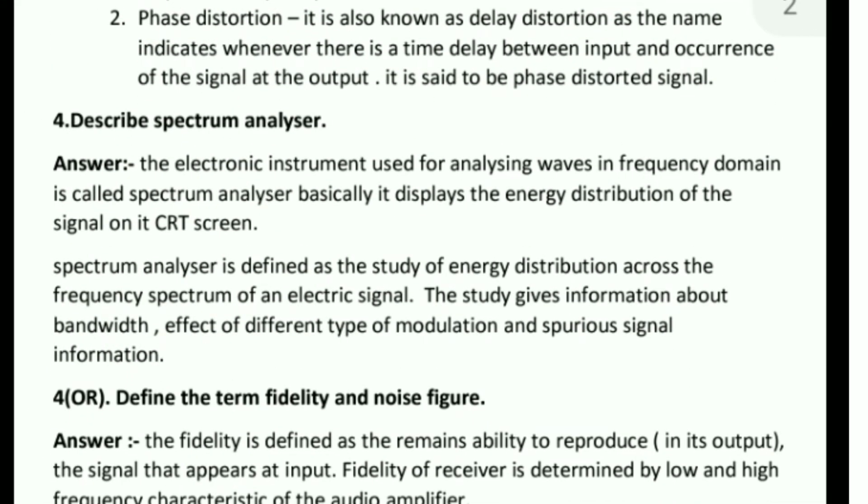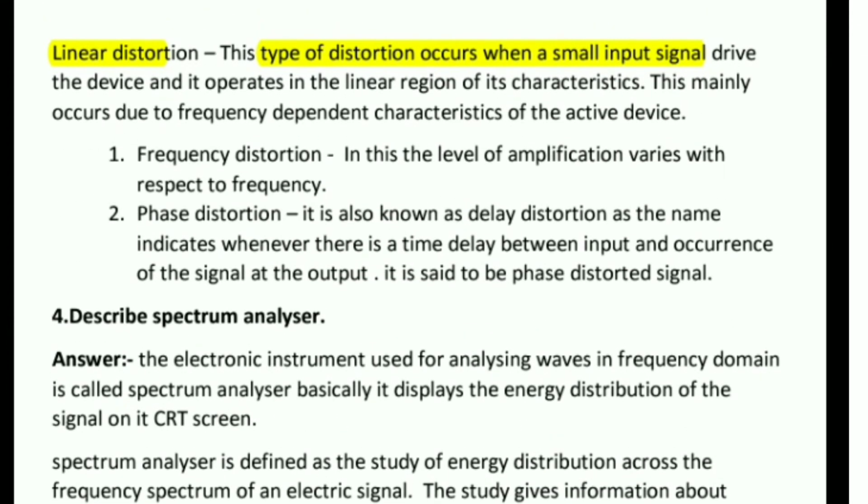Linear distortion occurs when the signal input is small and the device operates in the linear region of its characteristics.